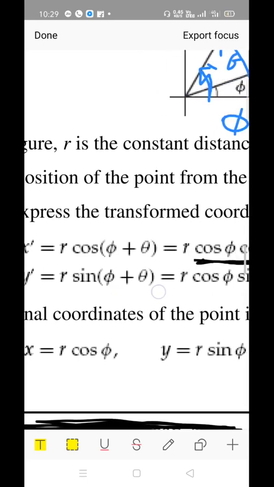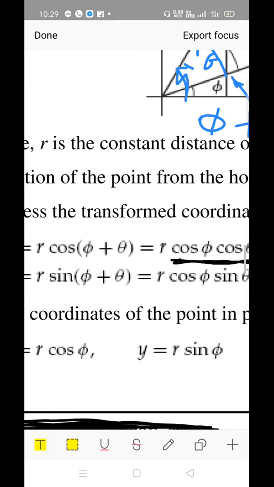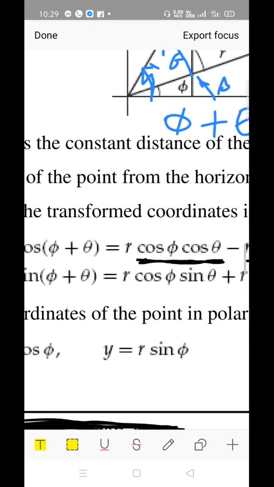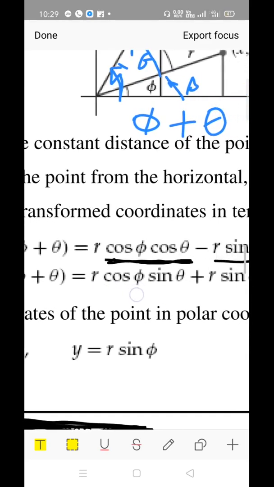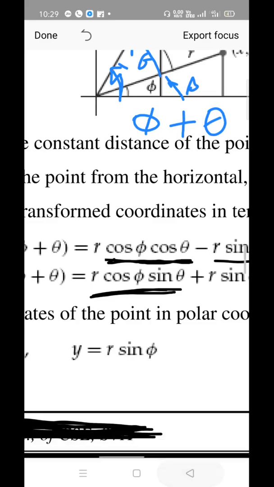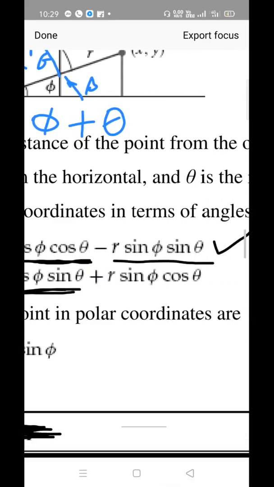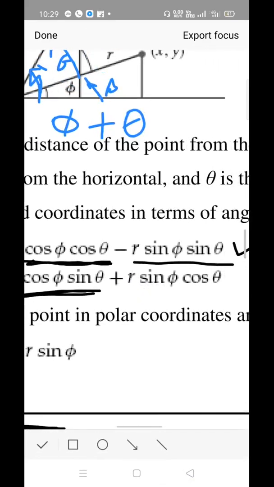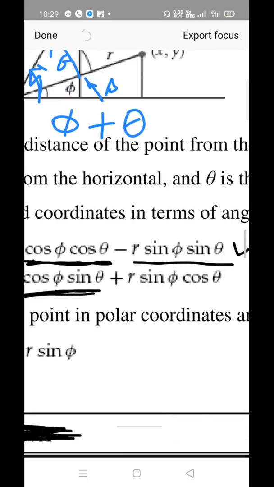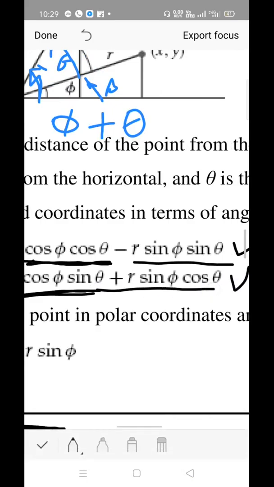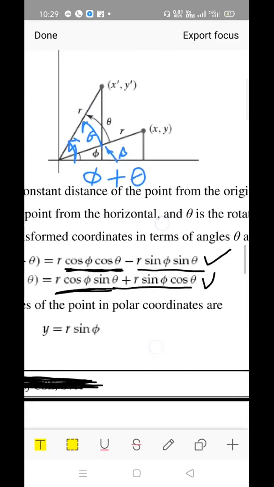Now check here, r of sine of phi plus theta. So sin theta cos phi, you can take either order, whatever you take, plus r into sin phi cos theta. It is in the form of sine of a plus b. This is the second formula, two equations we got by now.